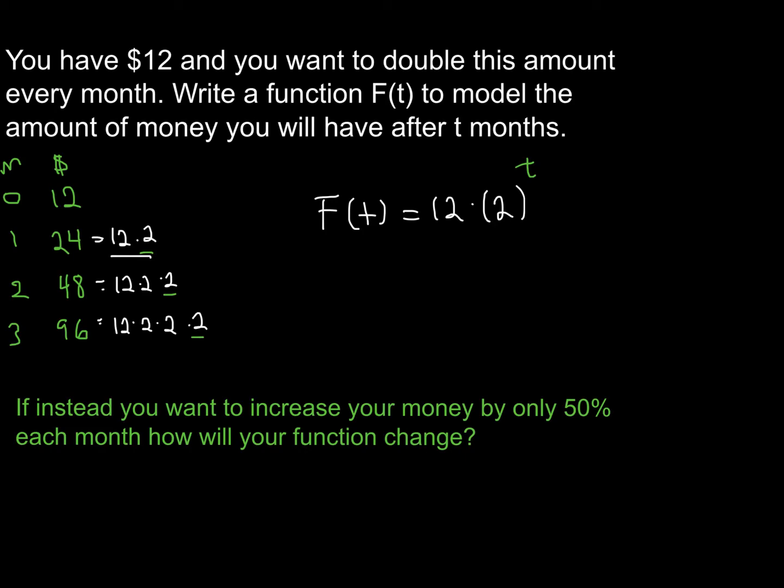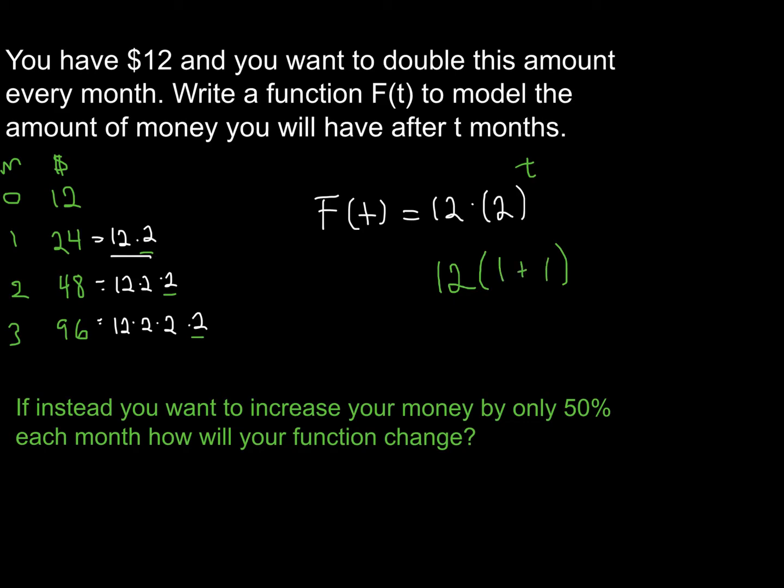All right. For us to understand what we're going to do when we increase by 50% each month, I want us to go back and remember that when we're doubling, we are increasing by 100% each month. And the way that you can see that is if I take some value like 12 and I multiply it by 1 plus 1.